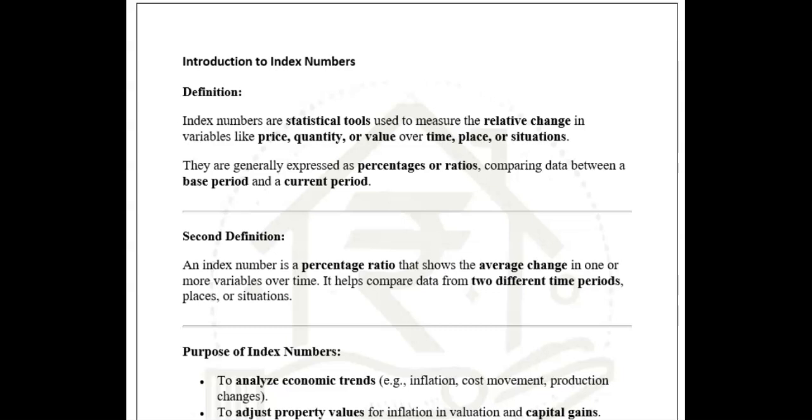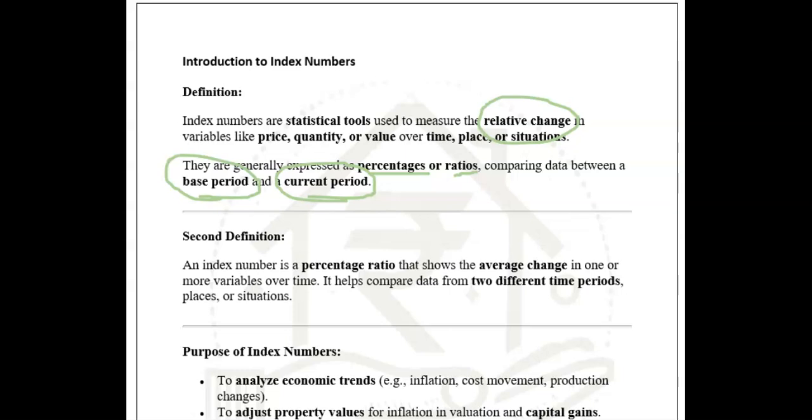Relative change of price, quantity, or value over time, place, or situation. They are generally expressed in percentage or ratio, comparing data between the base period and the current period.